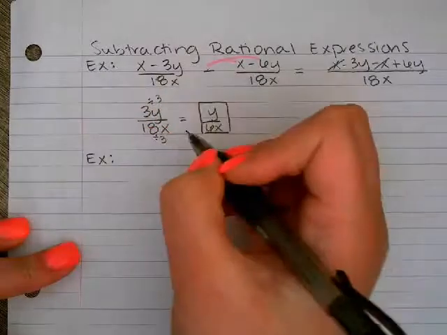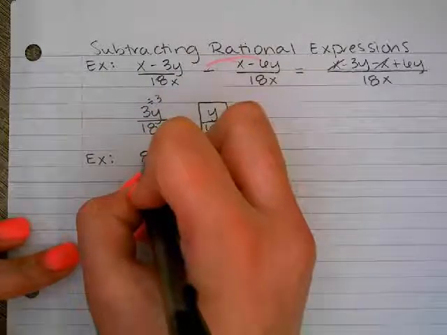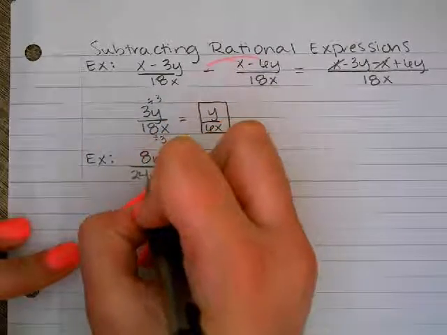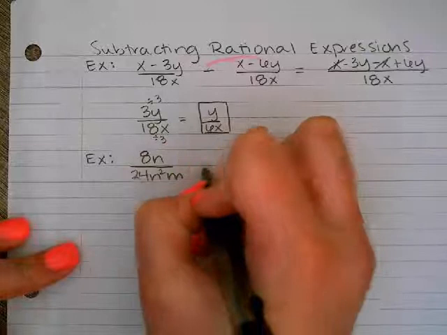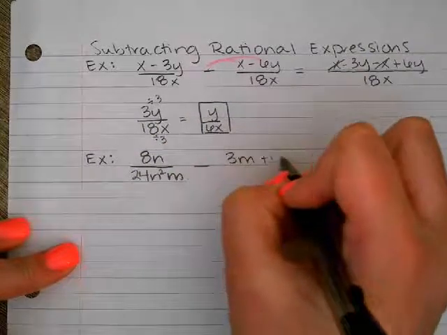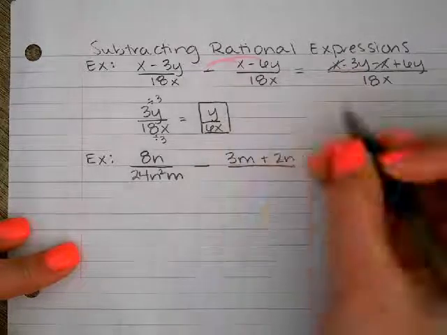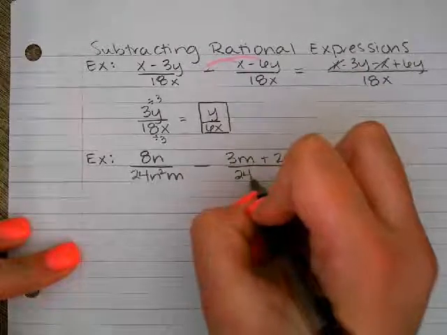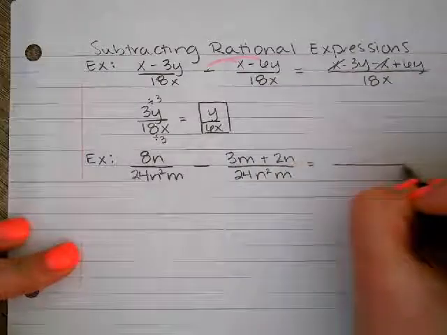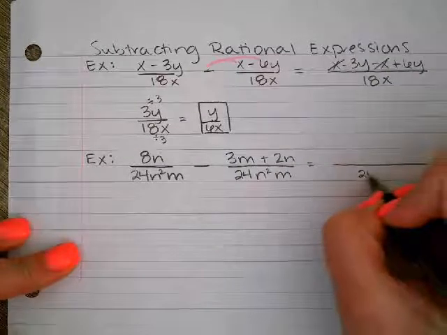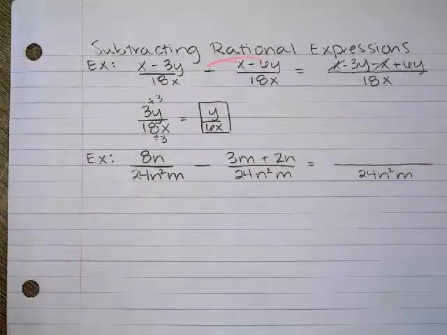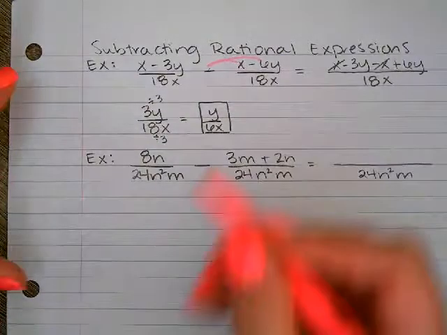All right, for the next example, we have 8n over 24n squared m minus (3m plus 2n) over 24n squared m. The common denominator is 24n squared m. I'm going to make sure that I distribute that negative.